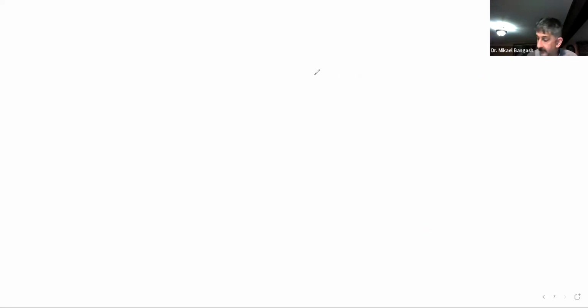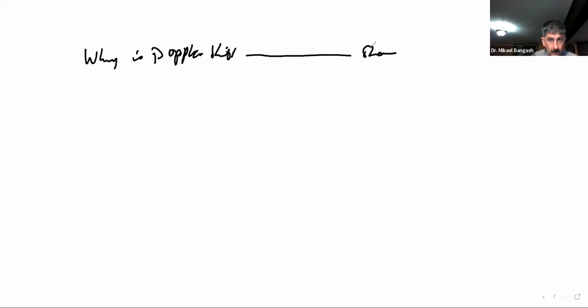Now, just one thing before we start talking about the Doppler equation, and that is why is the Doppler shift shown as a velocity and not as a frequency?